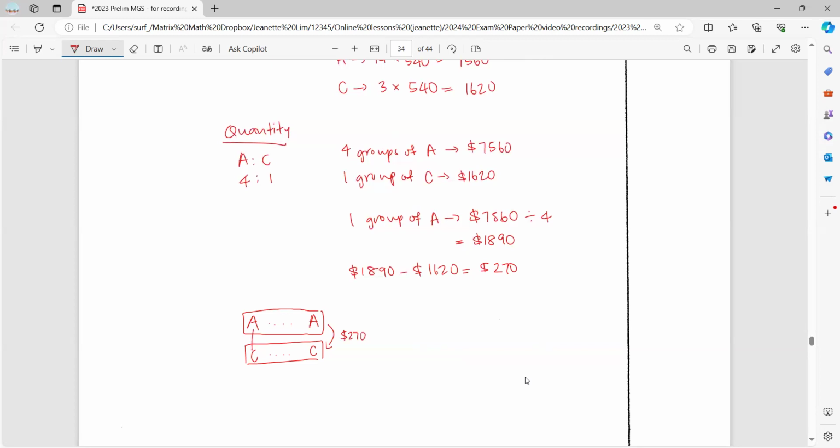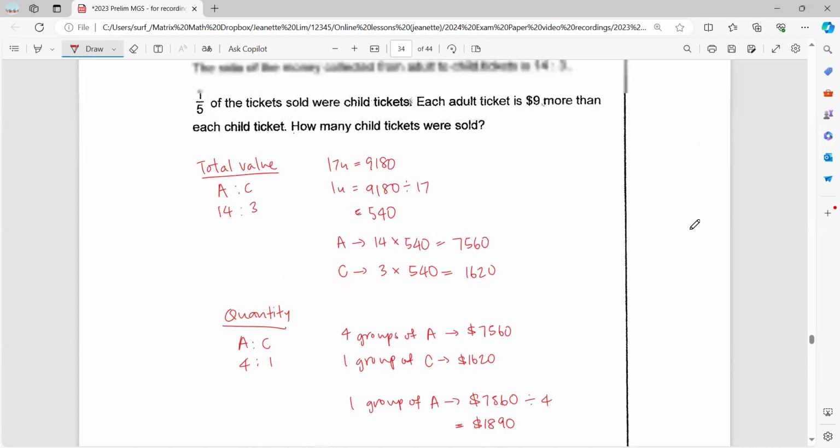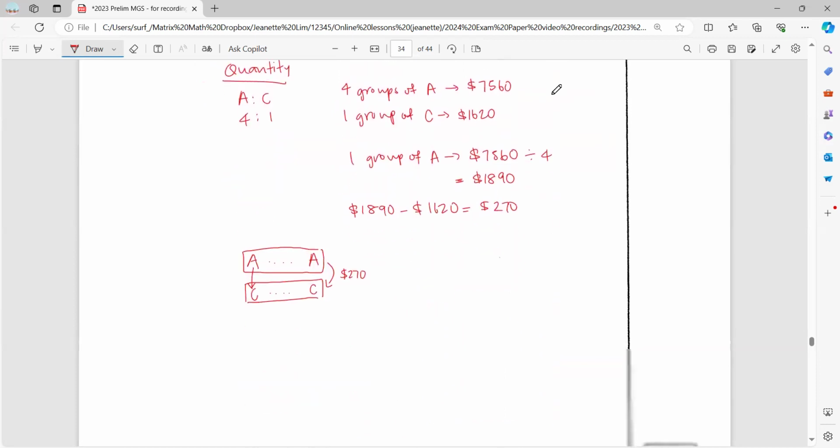But the difference here is a difference of $9. So if we take 270 and divide by $9, you're actually getting the number of tickets in each group.